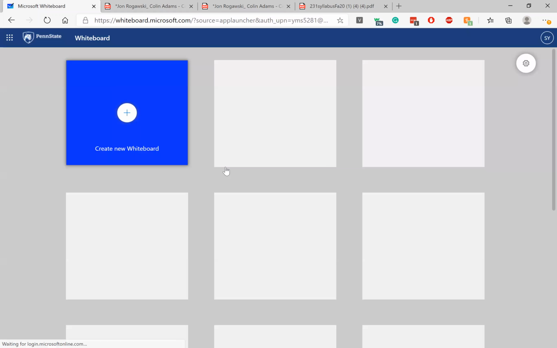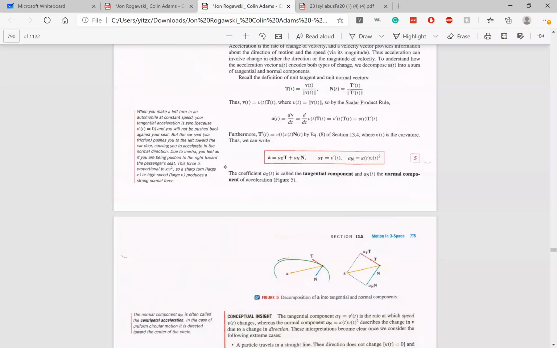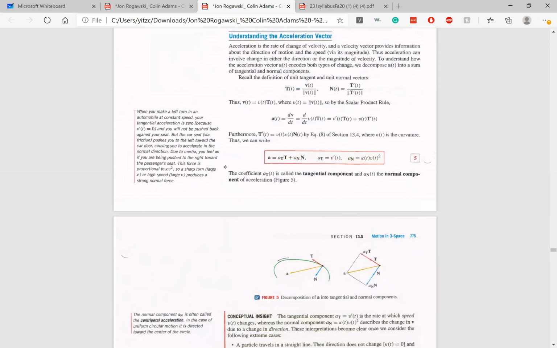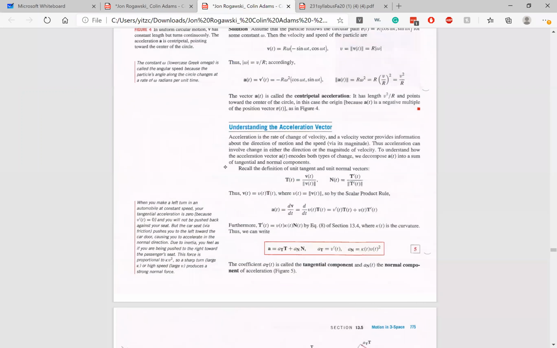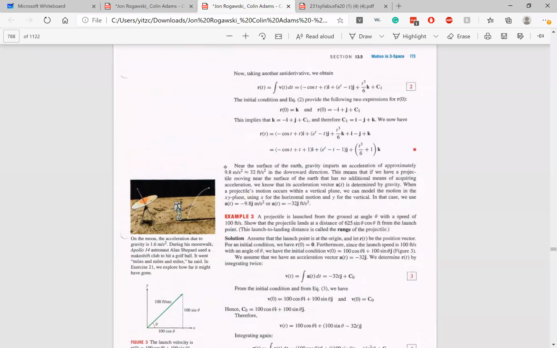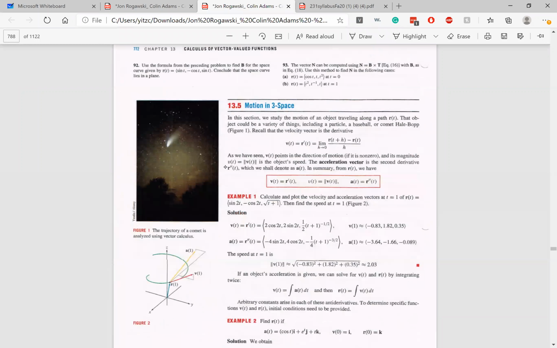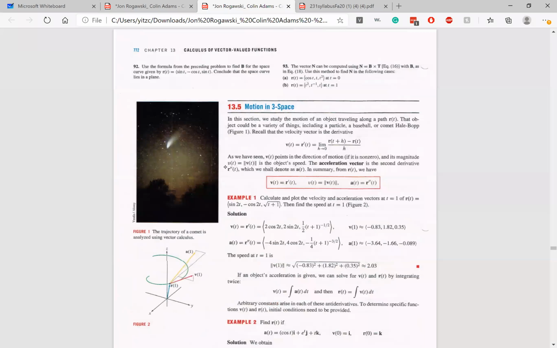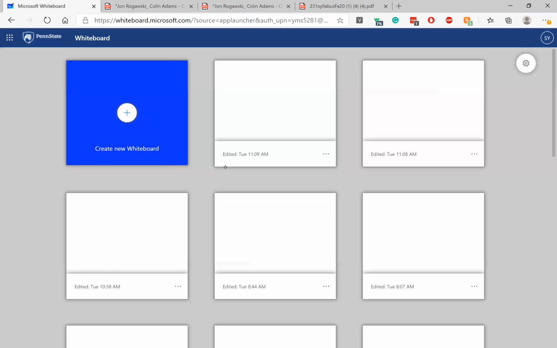So we're going to continue today with motions in space. The first thing is the velocity of a particle.